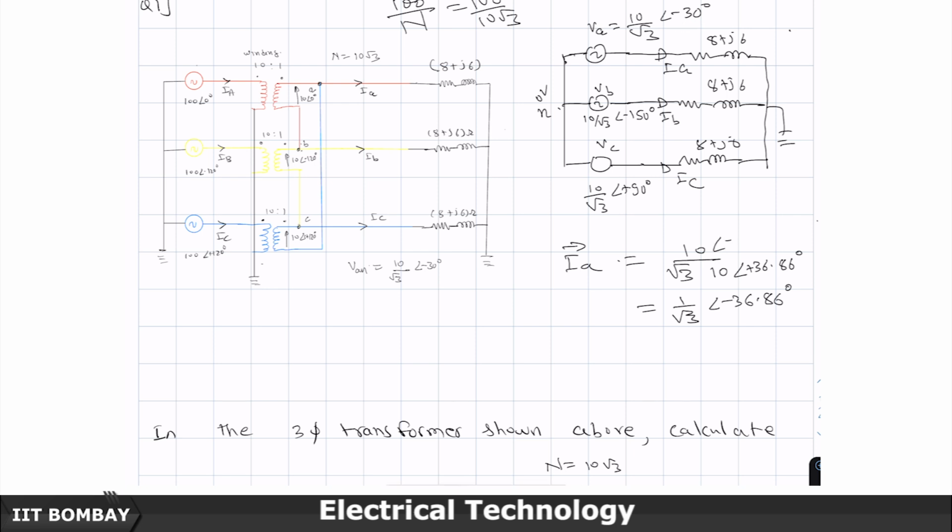So this is 10 by root 3 at minus 30 degrees, and so this is going to be 10 by root 3 at an angle of minus 66.86 degrees. I'm just sorry.